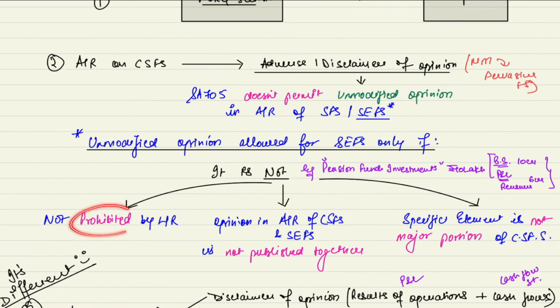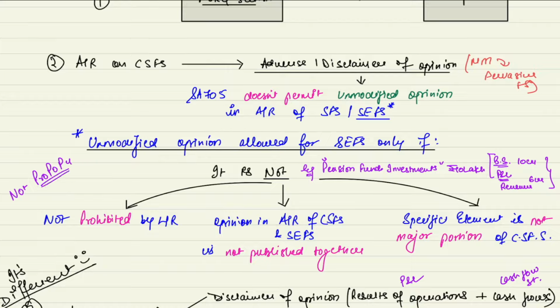It is not prohibited by the law or regulation. The opinion on the complete set of financial statements and SEFS is not published together. And this specific element is not a major portion of the complete set. These 3 conditions need to be satisfied together. So how can we remember it? It is very easy. You just need to say that it is not pro po pu.